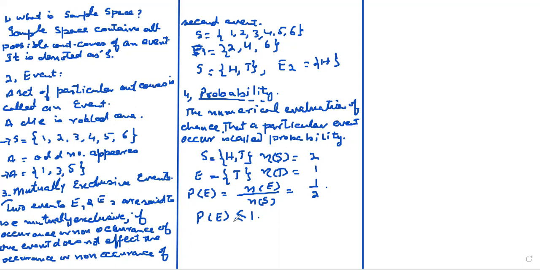Okay, here comes number 5. A die is rolled. What is the probability of getting dots on the top that are greater than 4?